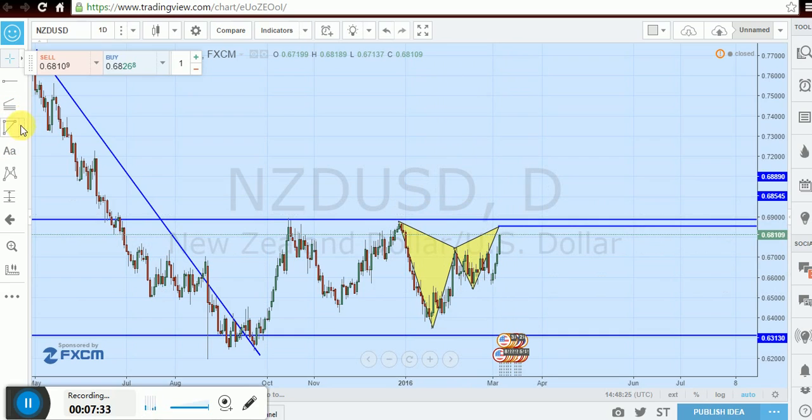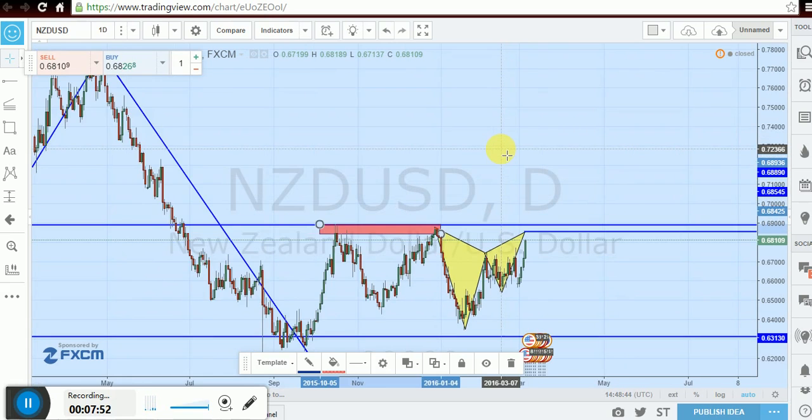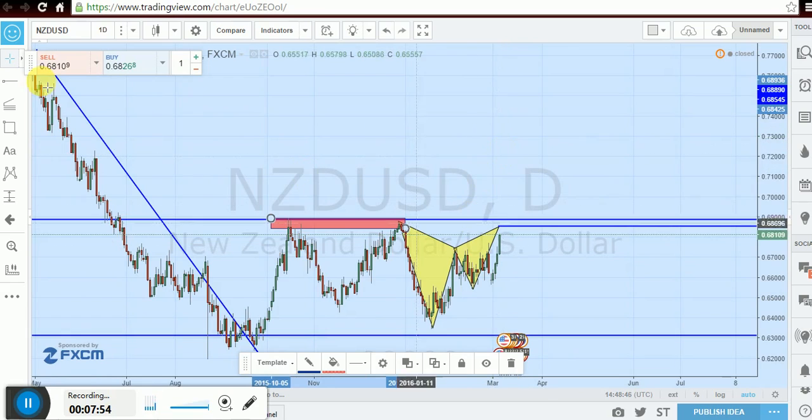Look left, we've got the previous structure, and the market is trading sideways currently and approaching the top of the channel, and the market on a higher time frame is showing bearish signs. So this is going to present us with a very good opportunity to try and bank some pips.